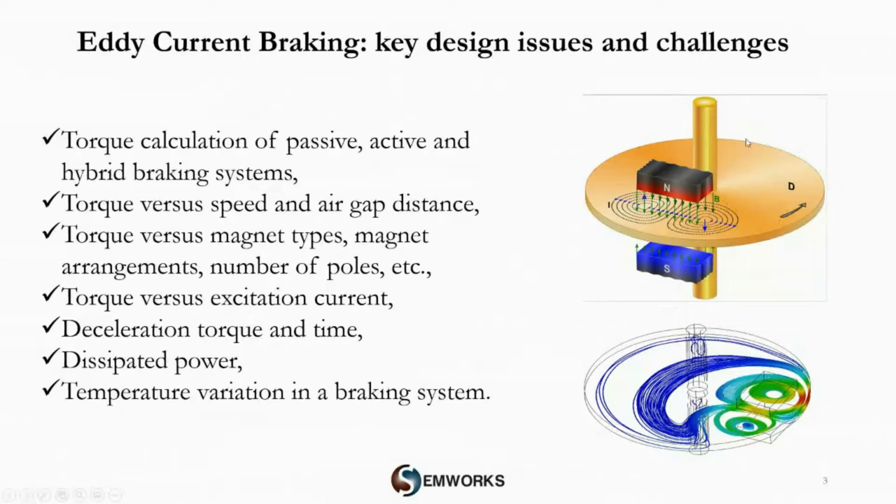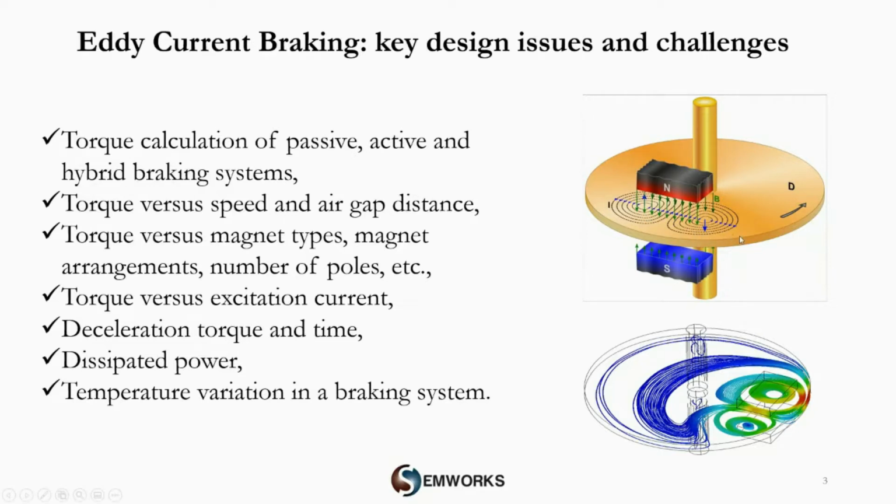When the disk rotates in a magnetic field, whether the magnetic field is applied through magnets, like in this case, what we call passive, or coils instead of the permanent magnets, or both, what we call a hybrid braking system, which is a more advanced system.